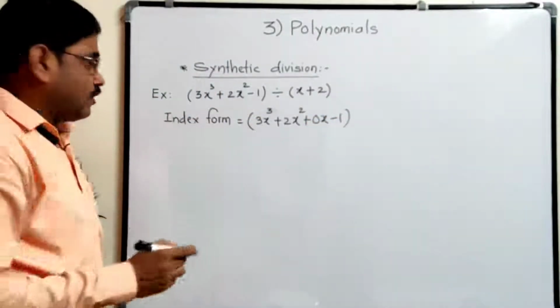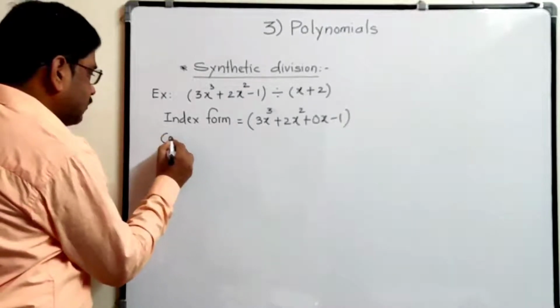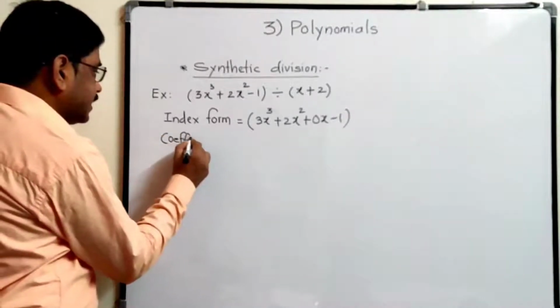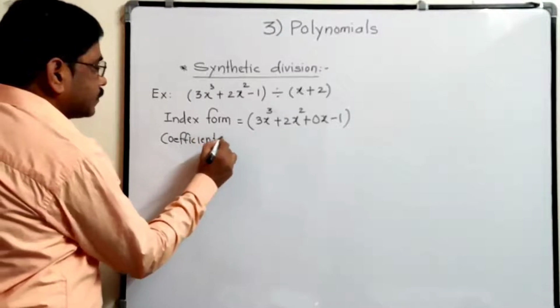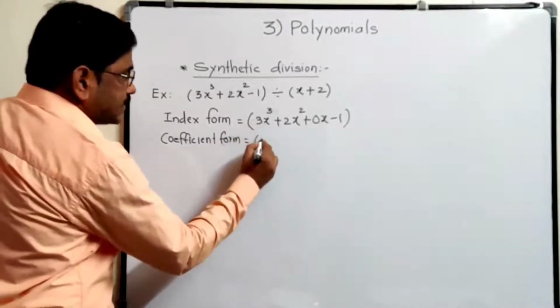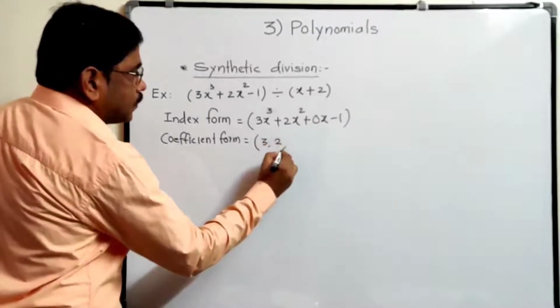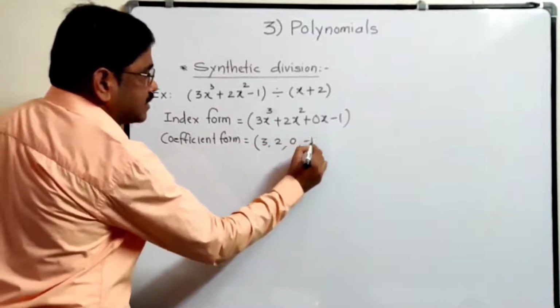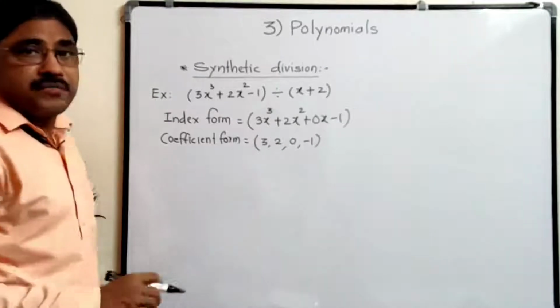So this is the index form. Now write in coefficient form. Coefficient form is equal to the coefficients only: 3, 2, 0 and minus 1. So this is the coefficient form.